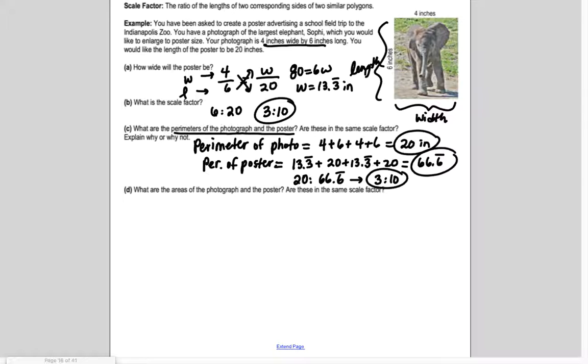What about area? Predictions, 3 to 10. It's not. I know, mind blown. It's not. So let's think about why it's not.